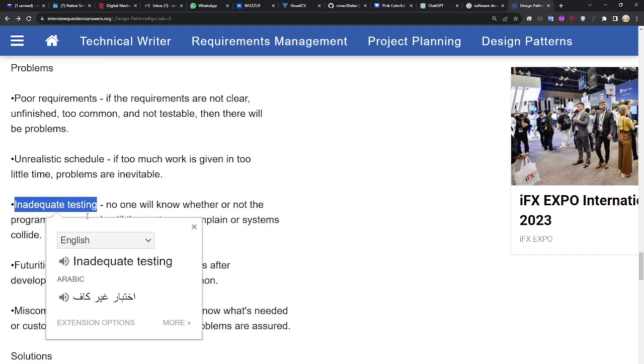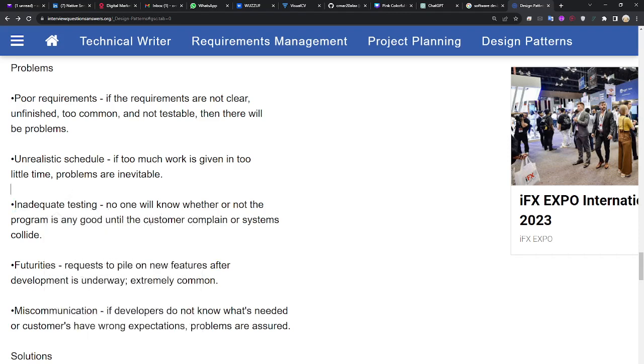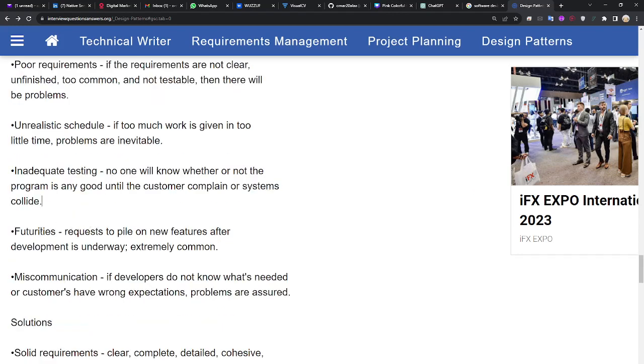واختبار غير كافي. Inadequate testing. No one will know whether or not the program is any good until the customer complains or systems collide. محدش بيعرف اي برنامج هو كويس ولا لا الا لما الكاستمر يشتكي او يحصل اصطدام في السيستم.